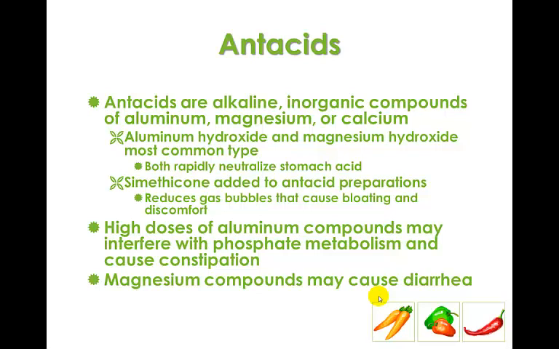Aluminum compounds have to be observed for the complication of constipation, especially when taken in large doses. And magnesium compounds, on the other hand, can cause diarrhea. So those are side effects we want patients to be aware of.